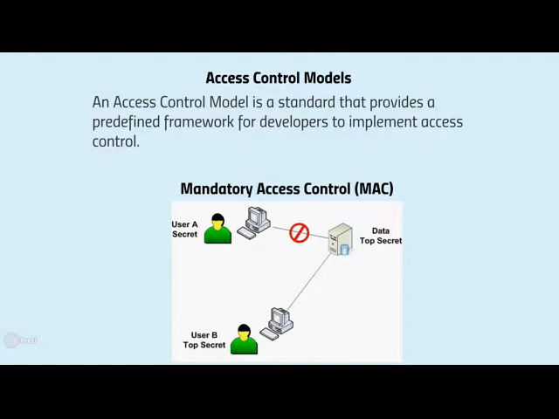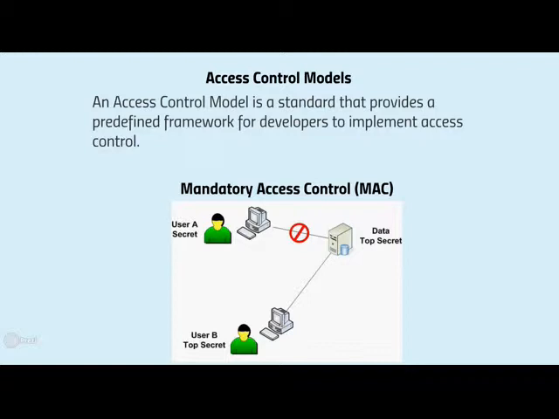MAC has two elements, labels and levels. In a system using MAC, every entity is an object, laptops, files, projects, and so on, and is assigned a classification label. These labels represent the relative importance of the object, such as confidential, secret, top secret.